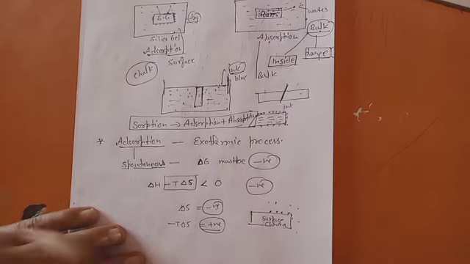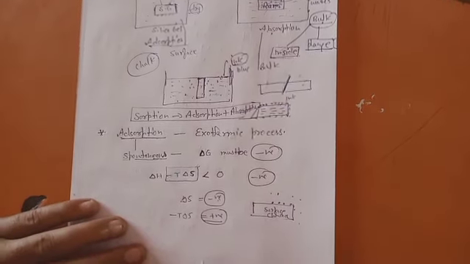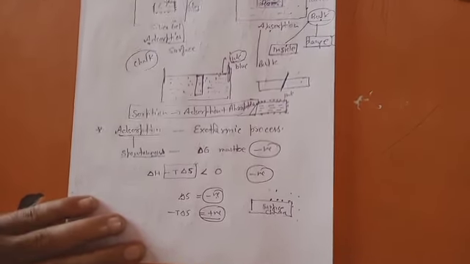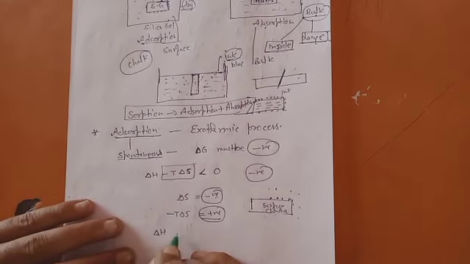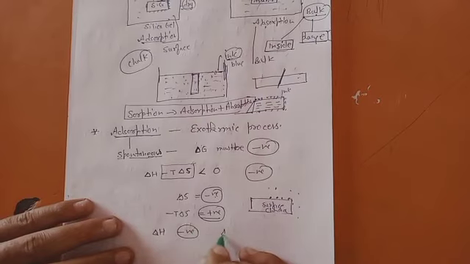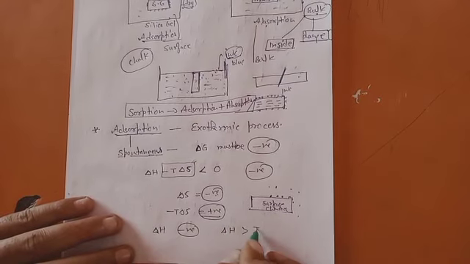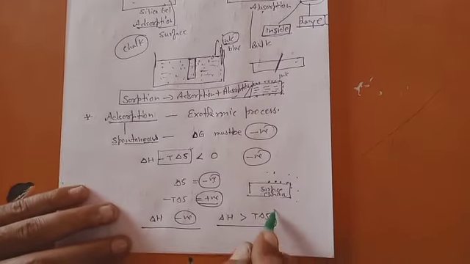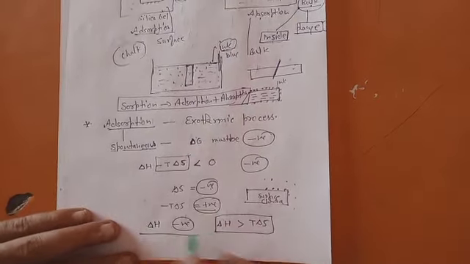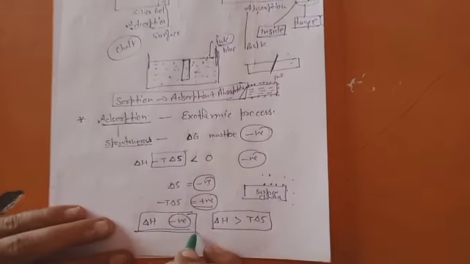But delta G should be negative, so how can it be negative? It can be negative only if delta H is negative and delta H is greater than T delta S. Both conditions are necessary: delta H is greater than T delta S and delta H is negative.